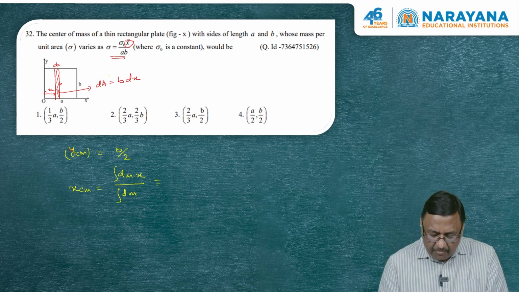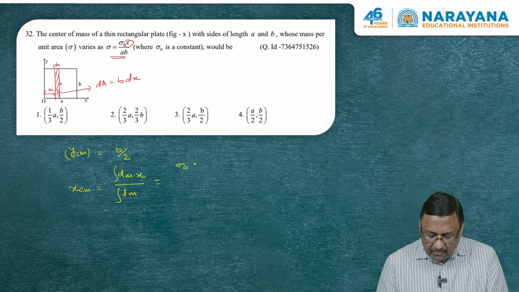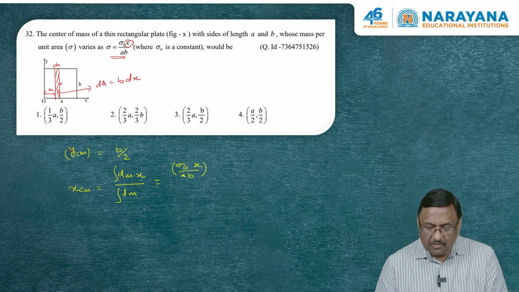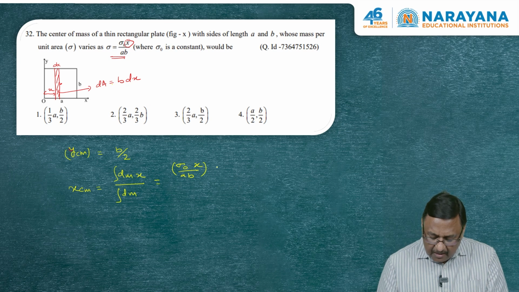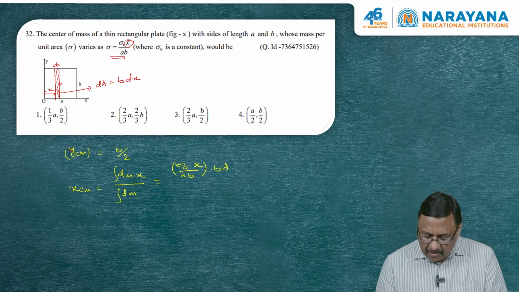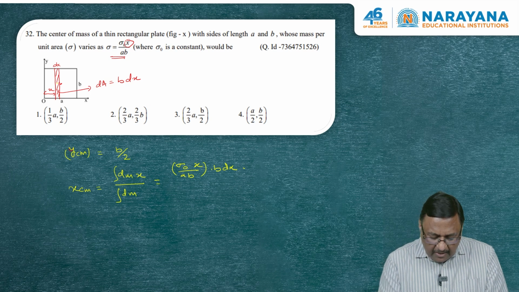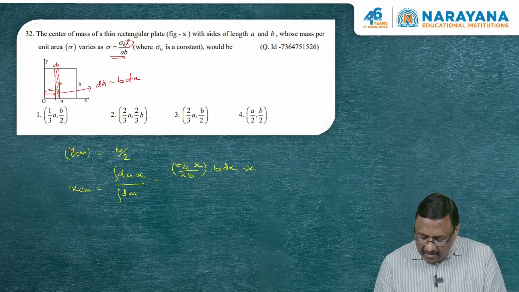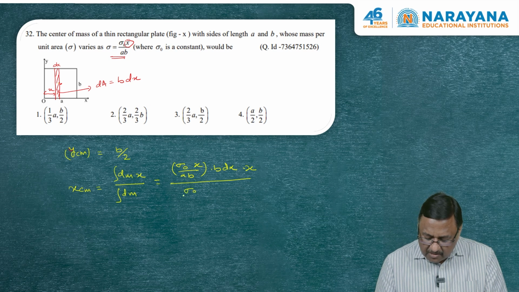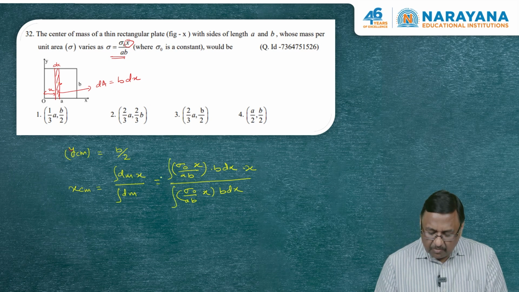So I write dm is equal to, listen carefully, sigma naught into x divided by AB, which is sigma, into dA. dA we have written as b into dx. This into the elemental distance x, divided by the whole thing. dm is sigma naught upon AB into x into b into dx. This is now my mass.